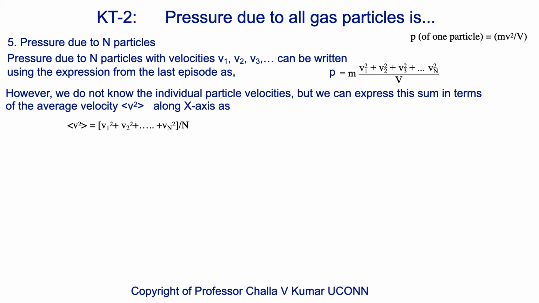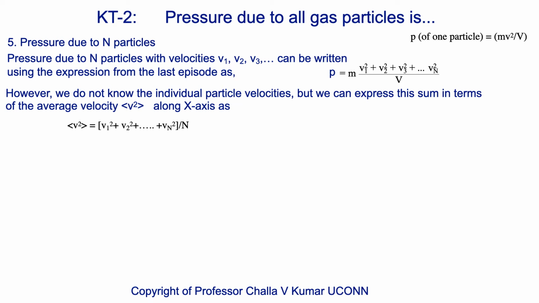So we can now convince ourselves, if we sum this series and divide by the total number of particles, we should be able to get the average squared velocity as written here.